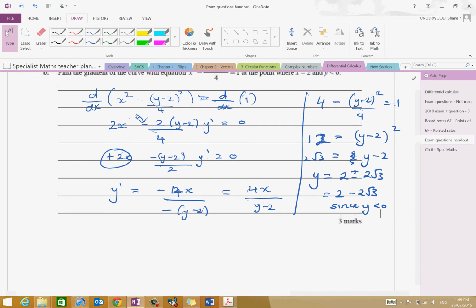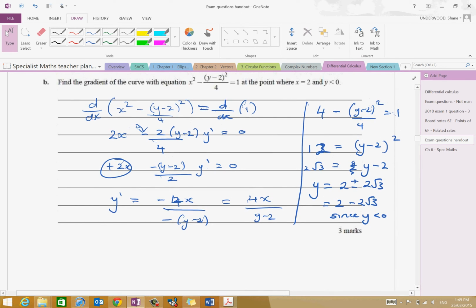Now we know what y is equal to, so we want y dash, the gradient of the curve, at the point (2, 2 minus 2 root 3).